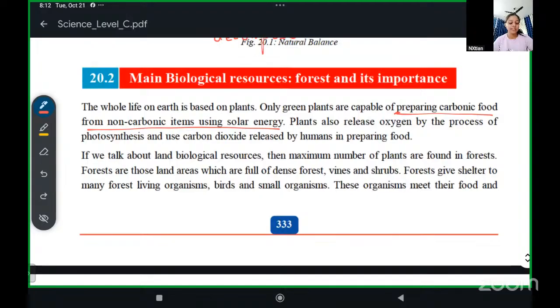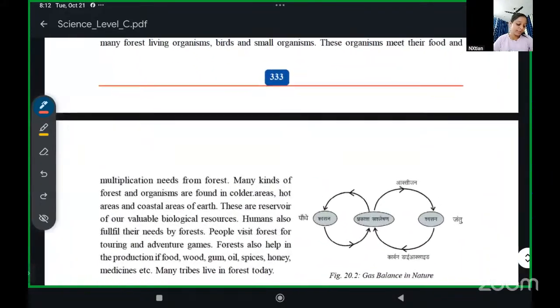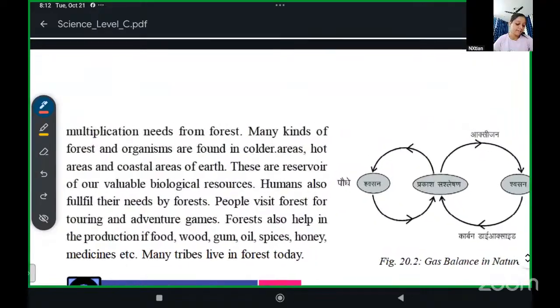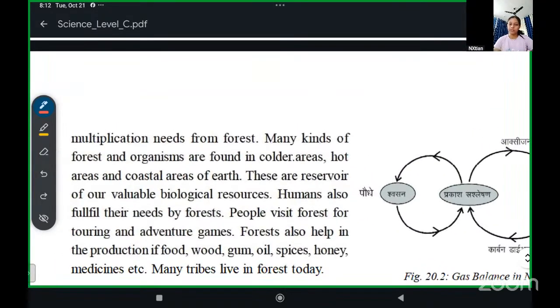A forest gives shelter to many forest-living organisms, birds, and small organisms. These organisms meet their food and multiplication needs from the forest. Many animals obtain food from the trees in the forest. Others, carnivores and omnivores, obtain food by eating other animals.